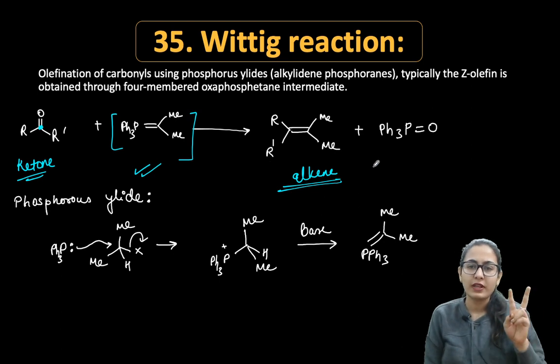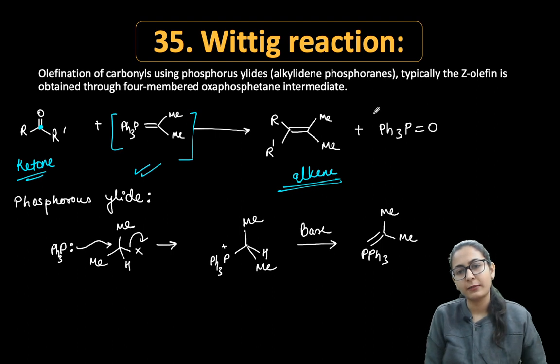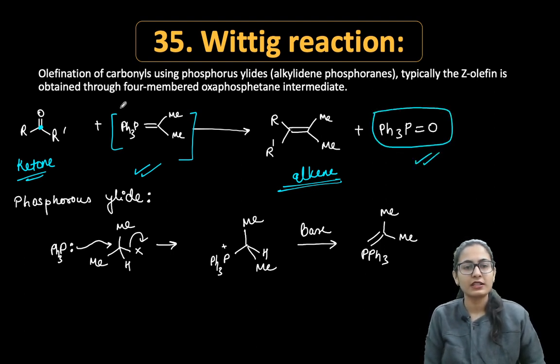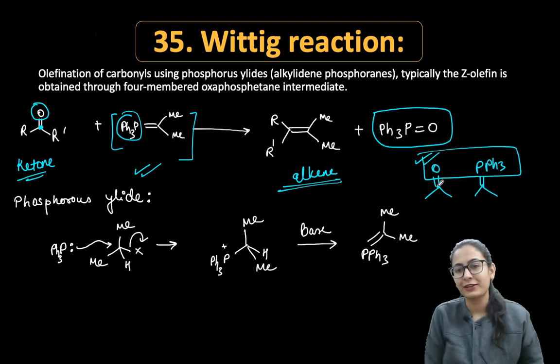Okay, so we have two types of ylide that are going to give you two types of product, and the byproduct is always phosphine oxide. Okay, the oxygen is taken away by the phosphine, and if you want to remember, it's a very simple representation. Just like the ketone like this, just write the phosphine like this. Okay, and then just remove these two and there you get your product.